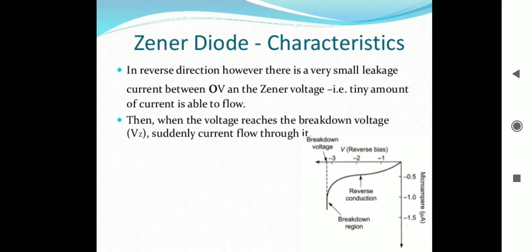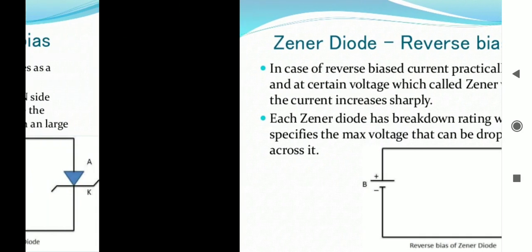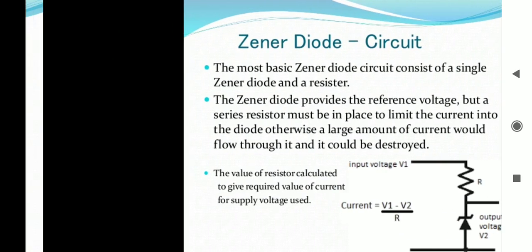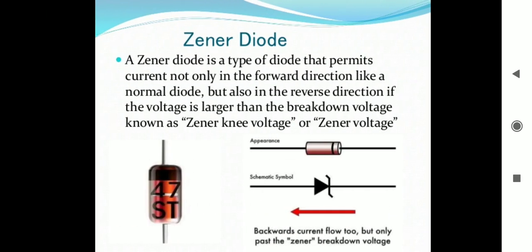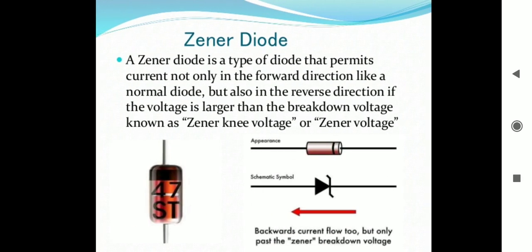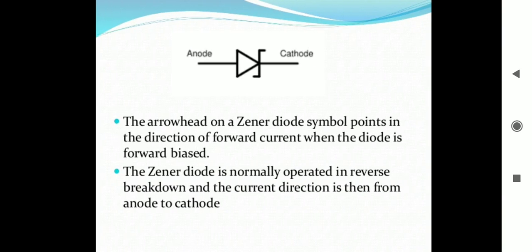Now these are some important diagrams you have to write down in your notebook. Firstly, write down this important symbol for the Zener diode. Then write down the definition of the Zener diode, then exactly how the Zener diode works, the working principle of the Zener diode.